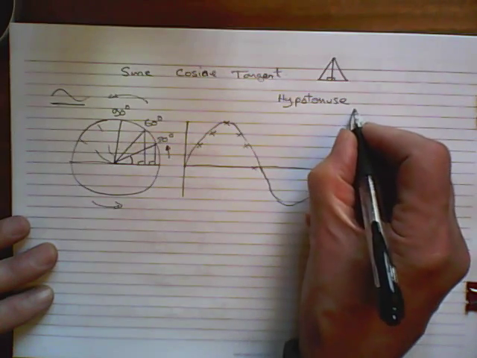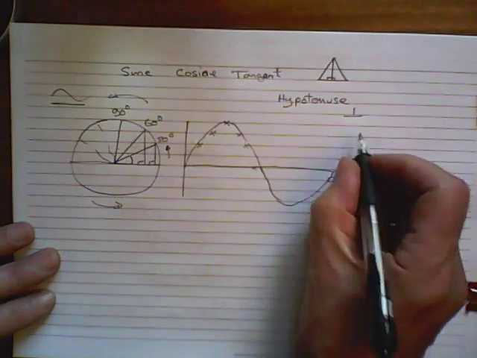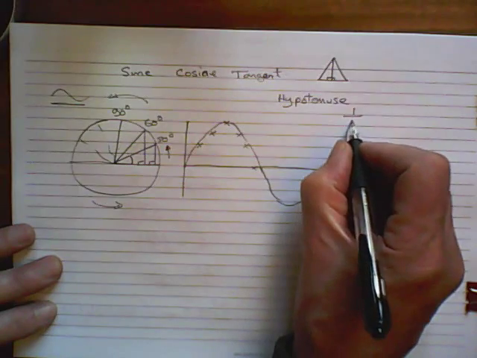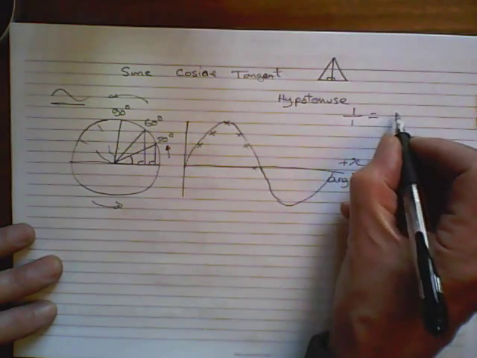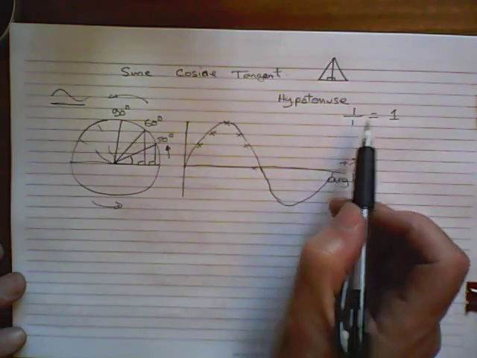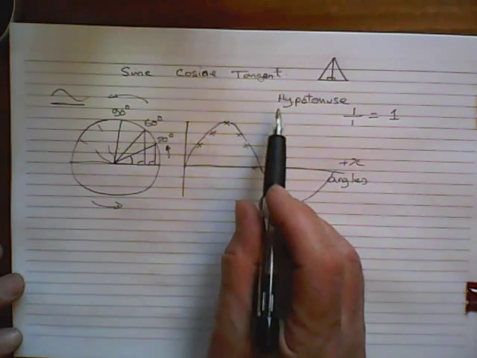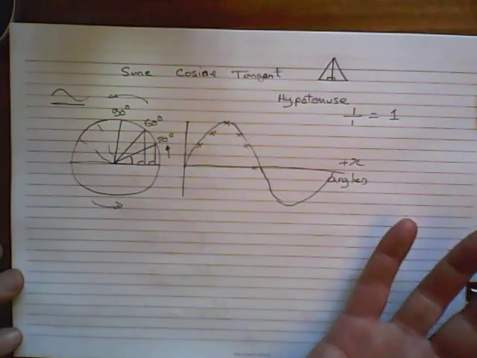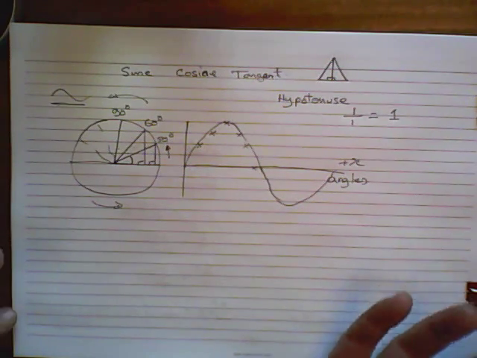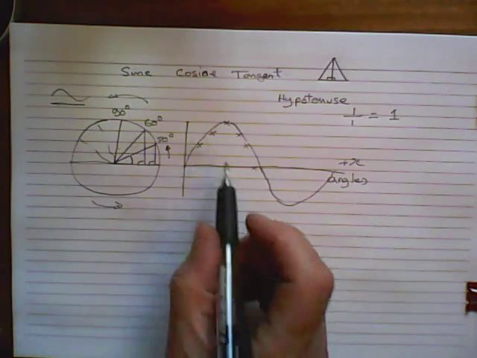If the hypotenuse is 1 unit, whatever the unit is, and the opposite is also 1, then the answer is 1. And sure enough, if you look on your calculators, the sine of 90 is 1. However, we can't have a triangle where the opposite over the hypotenuse is the same number. You couldn't draw a triangle like that. It is physically impossible to draw that. I don't care what calculator they've got or who your teacher is.